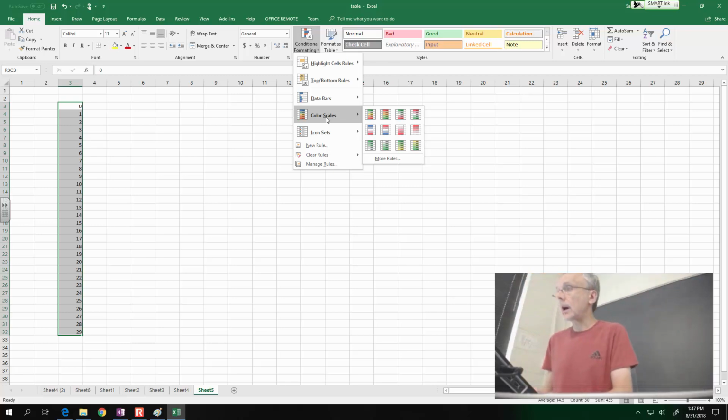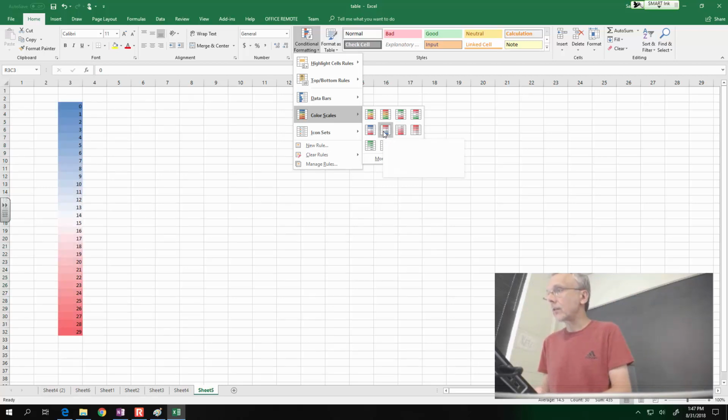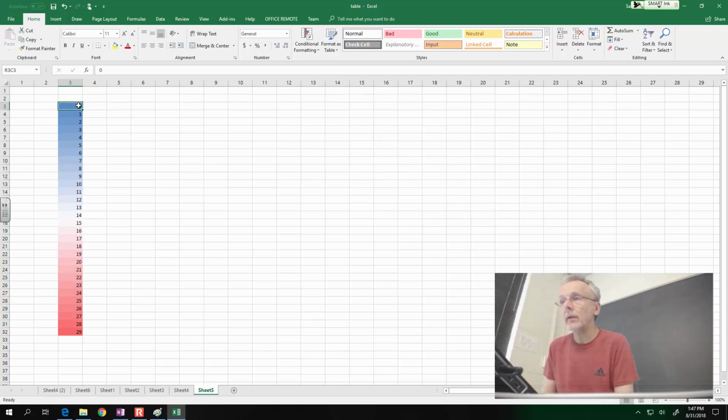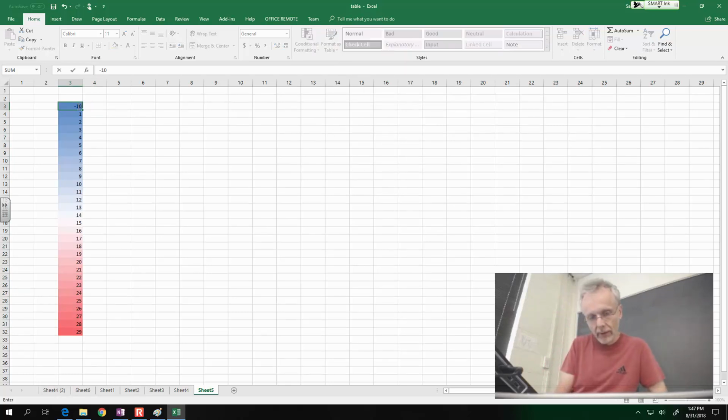But Excel has more fancy ways to do it, and that is this. For example, it can run from blue to red. In fact, let me make that point here. What if I put here -10?